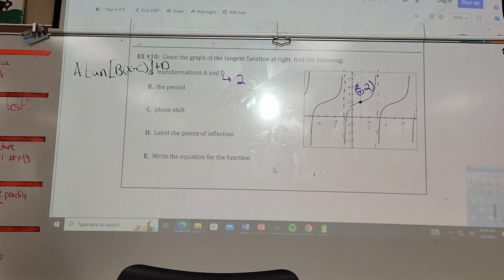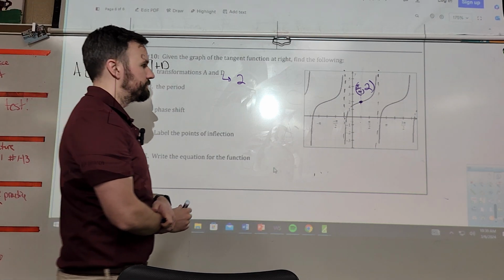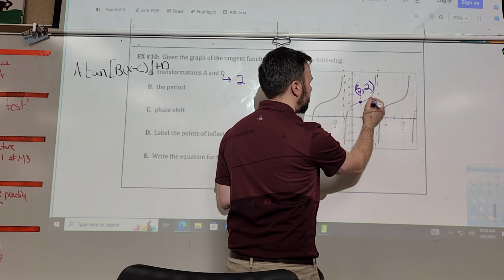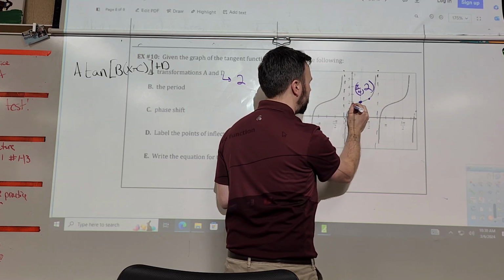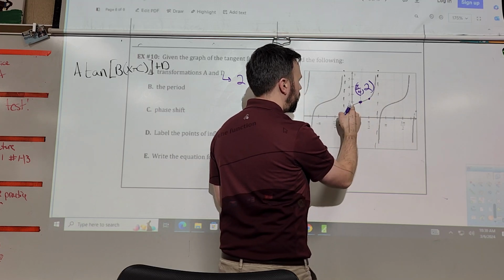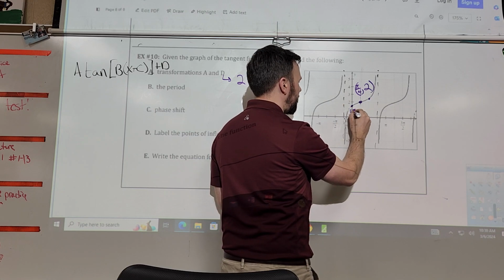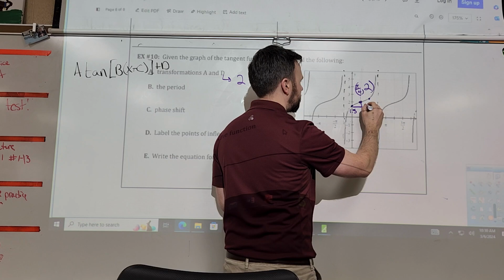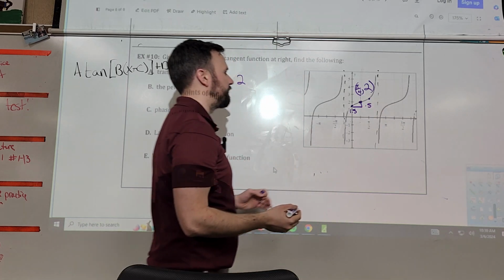Okay. How do I find A? I'm going to go over to the middle here, and over to the middle here. What's that point? Is that 1.5? And so how much did I go down? By 0.5, or a half, right?